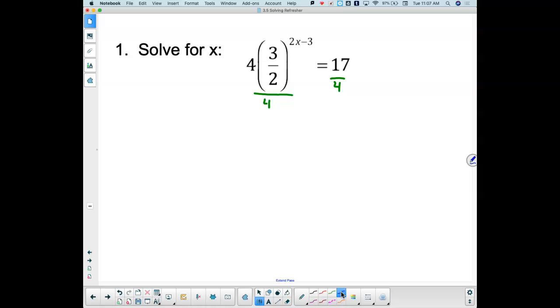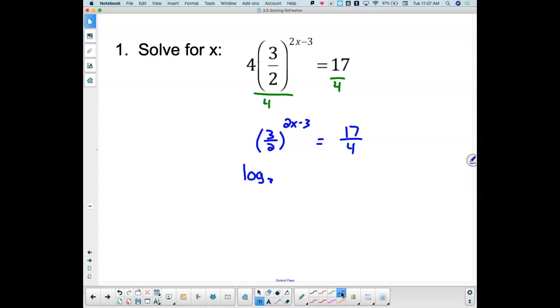So then that gives me 3 halves to the 2x minus 3 power equals 17/4. Then what? Do the log thingy. Okay, so then this would become log base, what?